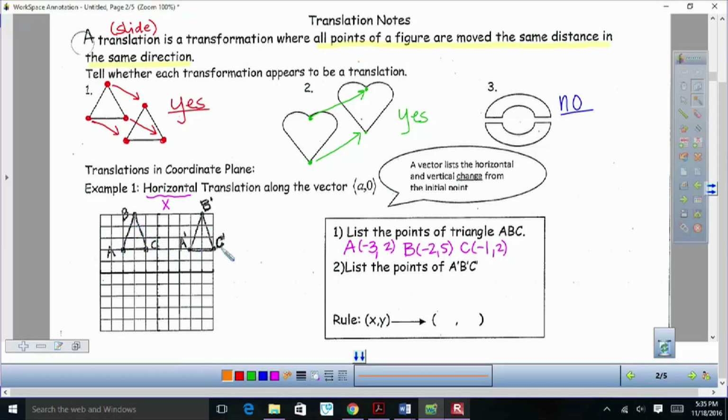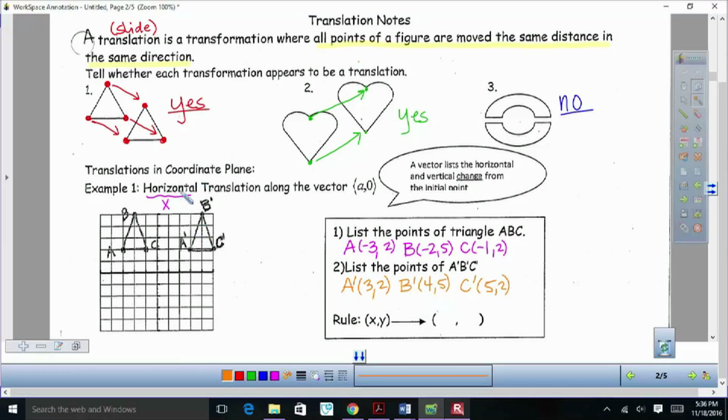The new figure, after we translated it, would be A prime, B prime, and C prime. So if I'm looking for the coordinates of those, A prime would be 3, 2. B prime would be 4, 5. And C prime would be 5, 2.